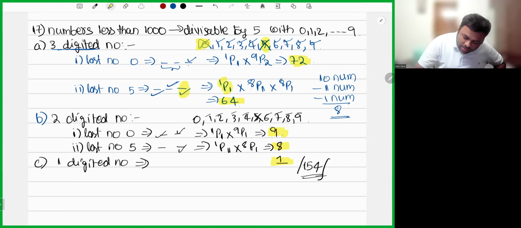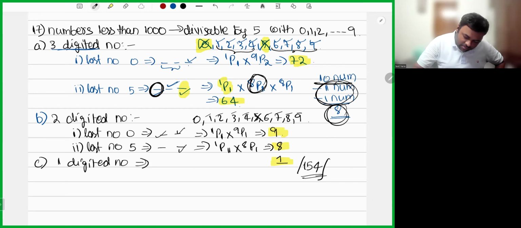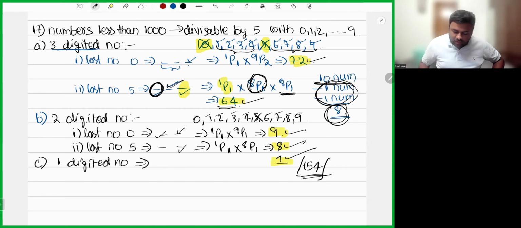Since 0 can't be in the first place, take 1, 2, 3, 4, 5, 6, 7, 8, which is 8 numbers, and place here in 8P1 ways. Now 10 numbers, 2 have taken their position, so 8 numbers are left. These 8 numbers are placed here in 8P1 ways, which is 64. So 9, 8, 1 plus 72, 64 is total 154.